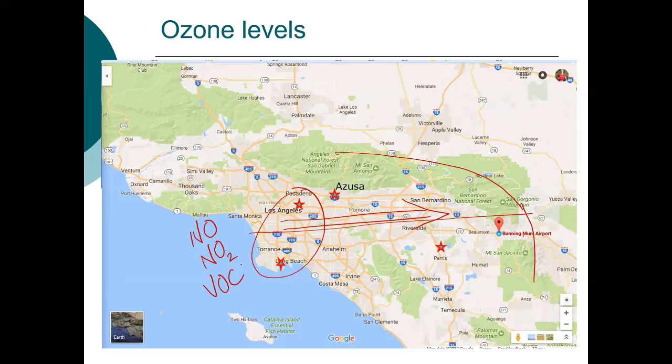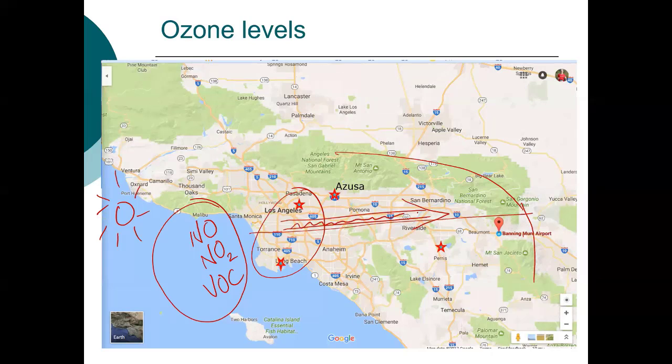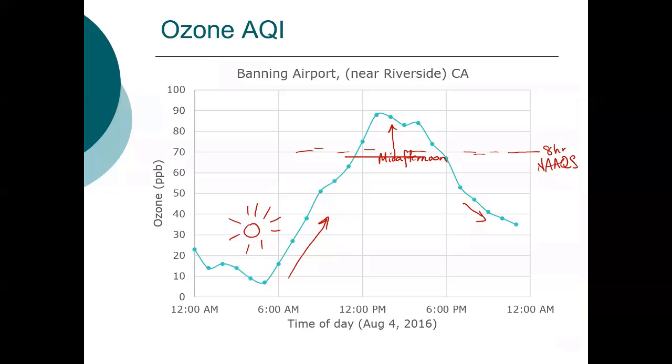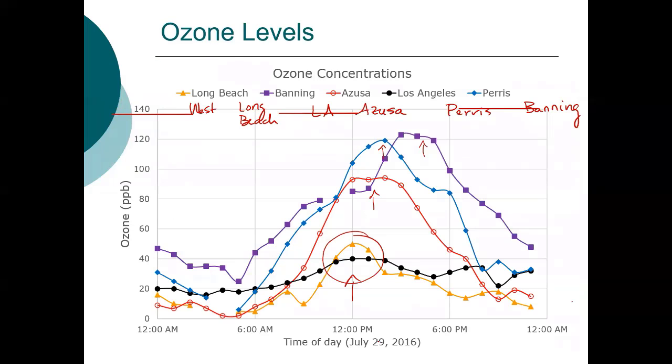So what's happening? As air is moving, these reactions are occurring. These chemicals are reacting with sunlight, it happens to be a warm day, and as the air moves, it's generating more ozone. And actually air hits that mountain and reflects back, so you end up with a buildup of ozone concentration.